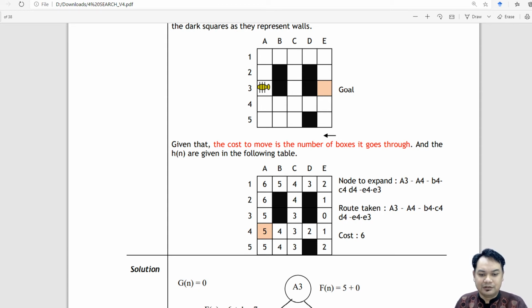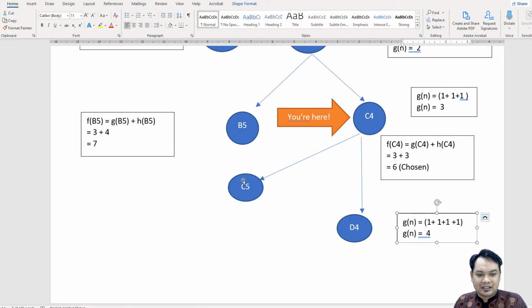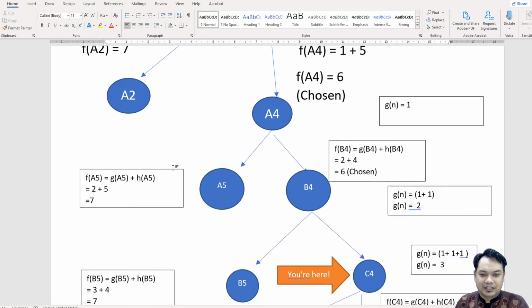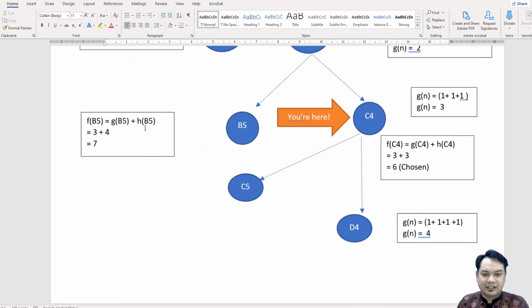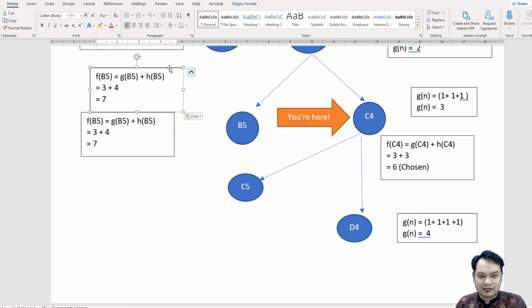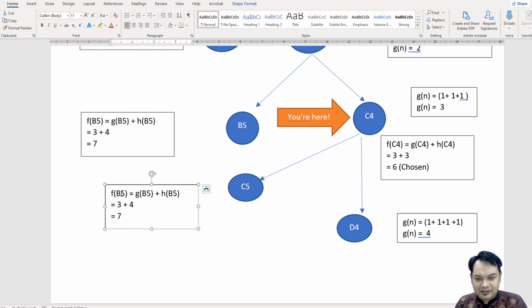To determine which path that it should be taking. So okay. In order to travel to C5, we have to calculate the cost. So the cost would be 4, okay, because the Gn is 4.